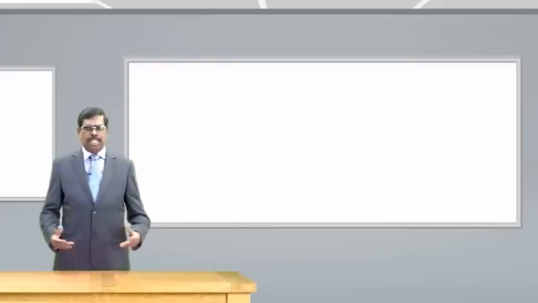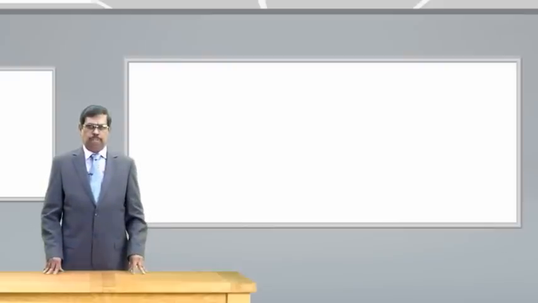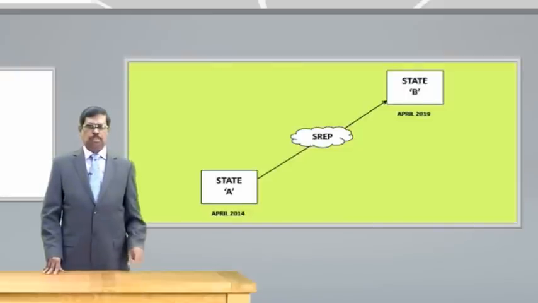To have a better understanding of the concept of SREP, here you can see state A. Suppose, for example, April 2014 in the district, what is state A, or the current status of the district? We have to define and explore state A very nicely.